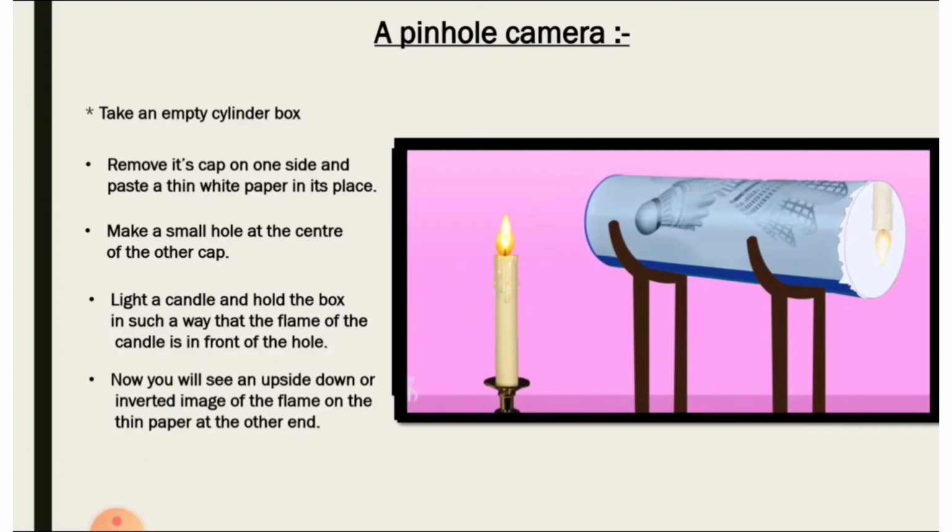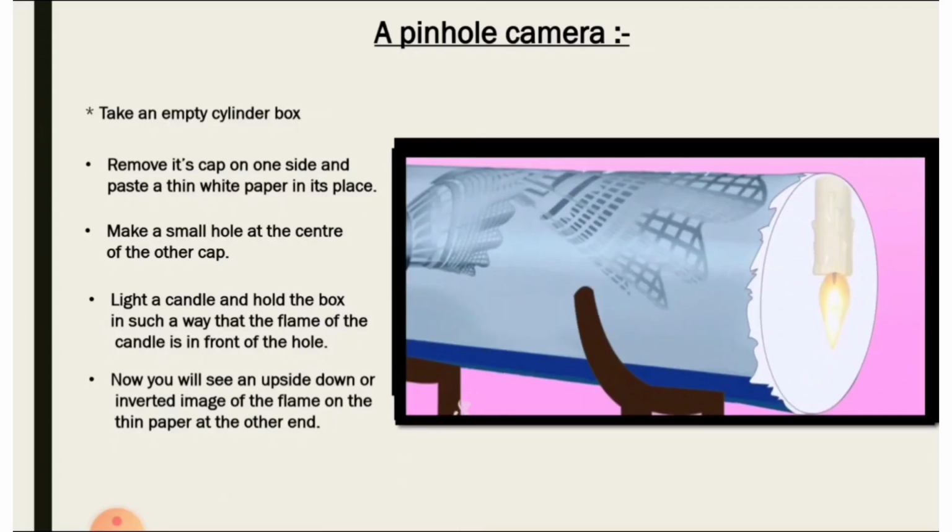Because the light from the candle travels in a straight direction through the small hole, and the light from the flame of the candle also travels in an upward direction and reaches the base of the white paper, whereas the image of the bottom of the candle goes in the inverted form.